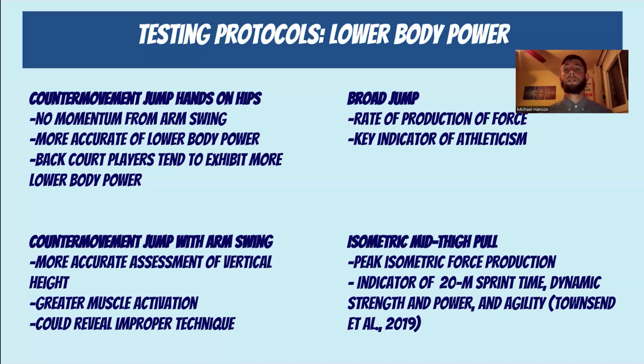Our second jump is going to be with the arm swing. This is going to give us a better assessment of their vertical jumping ability. It's going to have a greater muscle activation. It could also be beneficial for us because it may reveal improper technique. As we identified in our needs analysis, 23% of injuries come from either jumping or landing.